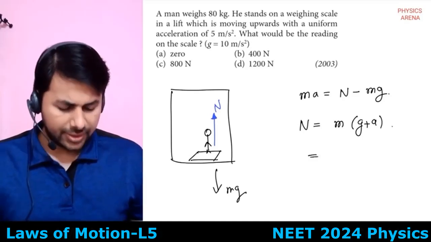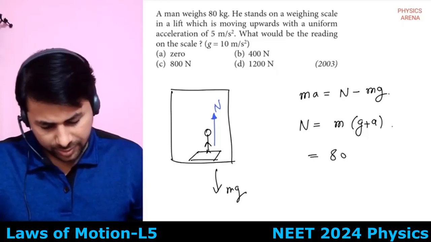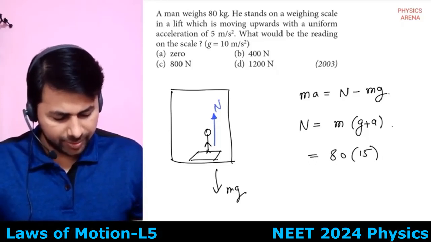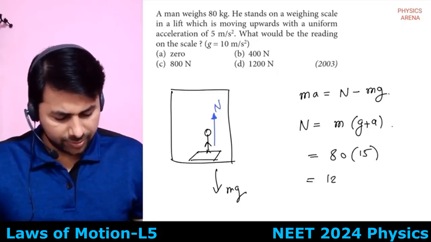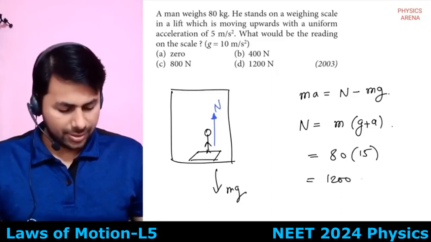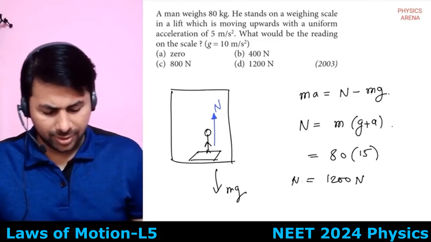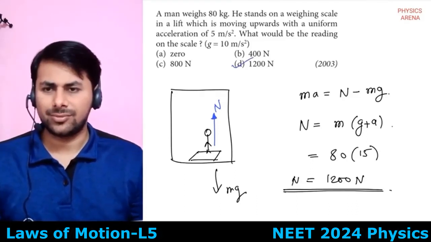So that is equal to m is 80, g is 10, 10 plus 5 is 15, 15 times 80. So the answer is 1200 newtons. Option D. Yes, no?